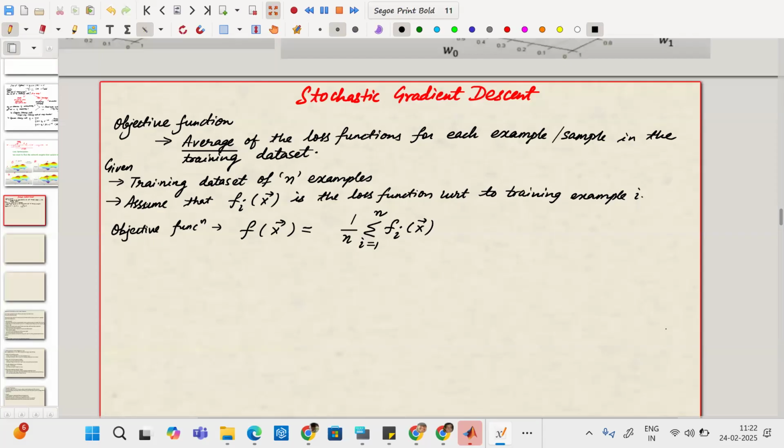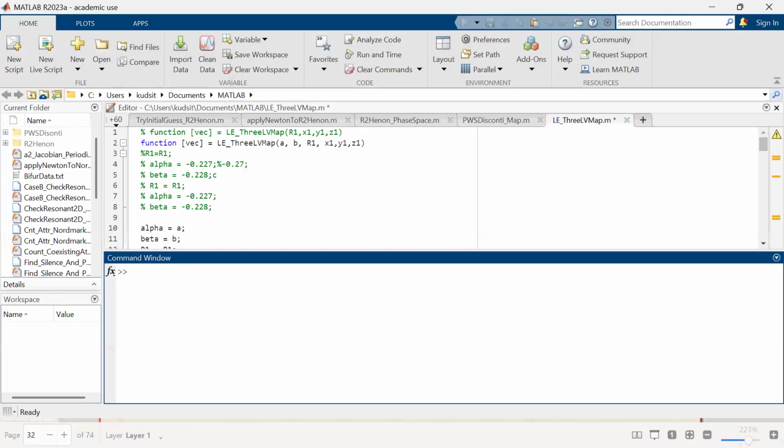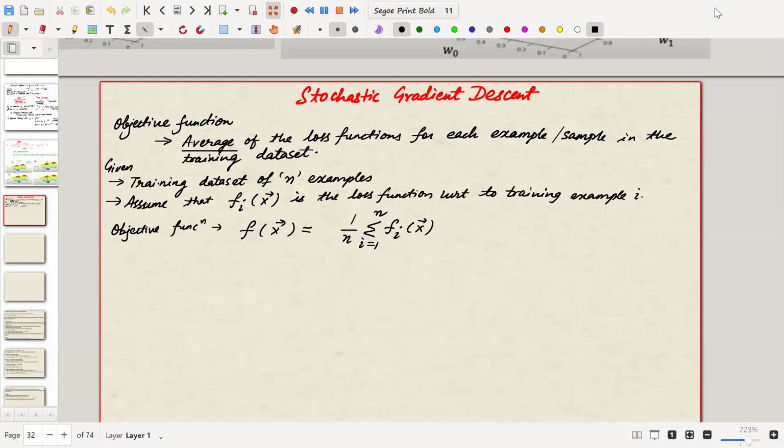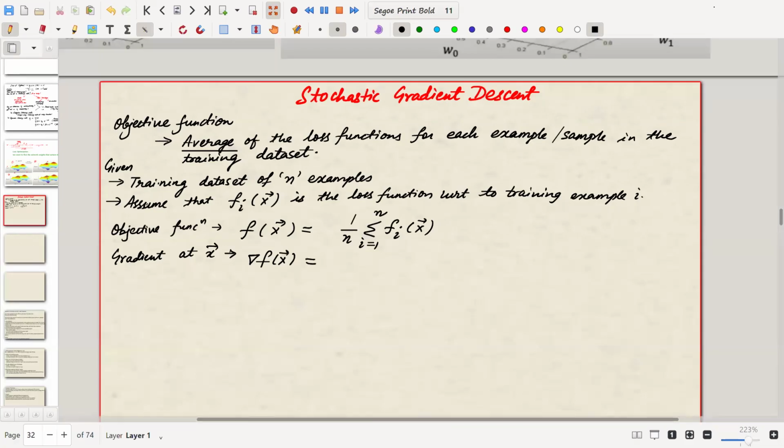Fine. Can you tell me what should be the gradient here? The gradient at x bar is equal to grad f of x bar.